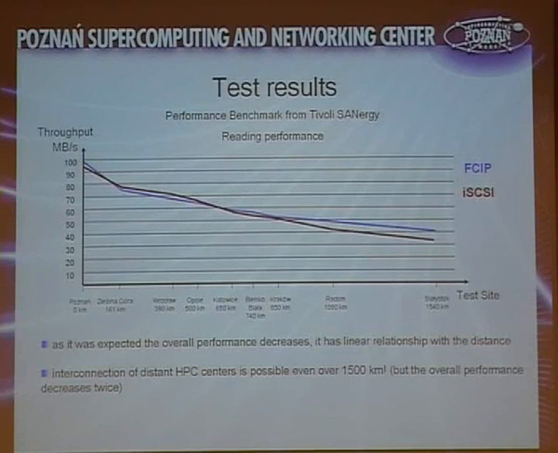But what was interesting for us was that it has a linear relationship with the distance. Our tests provide us an answer that interconnection of distant HPC centers is possible even over 1,500 kilometers.